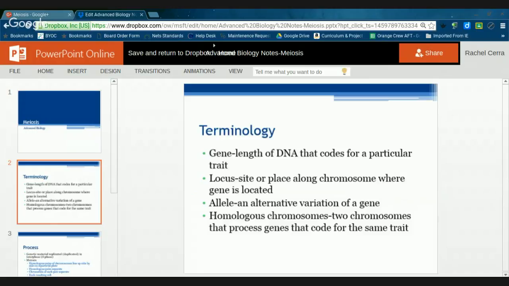So one of your homologous chromosomes comes from mom, one comes from dad. I think we've talked about those before.